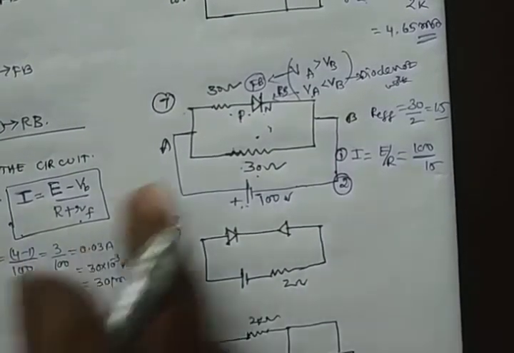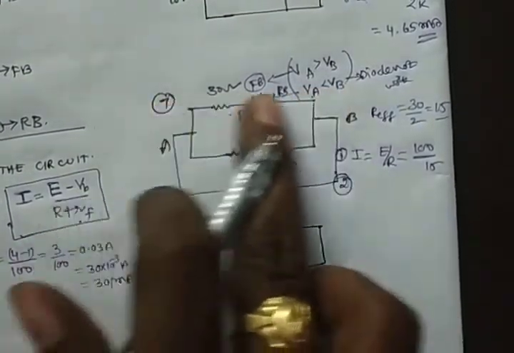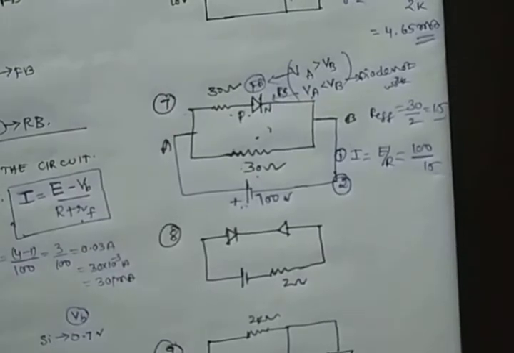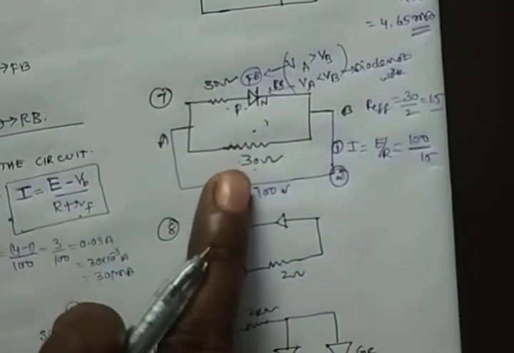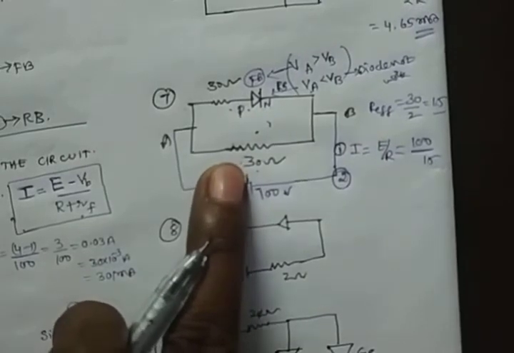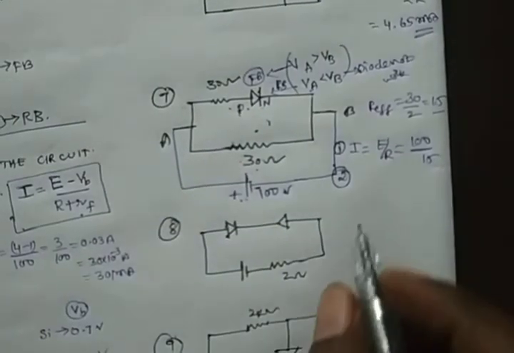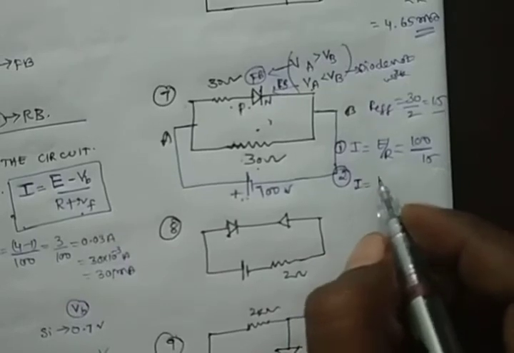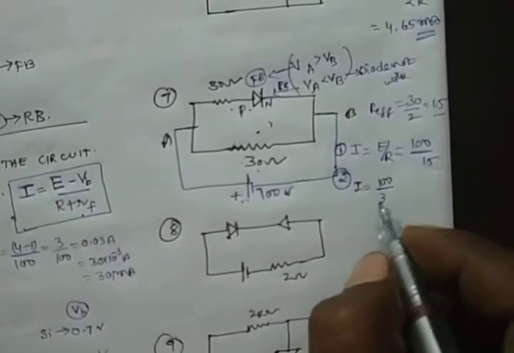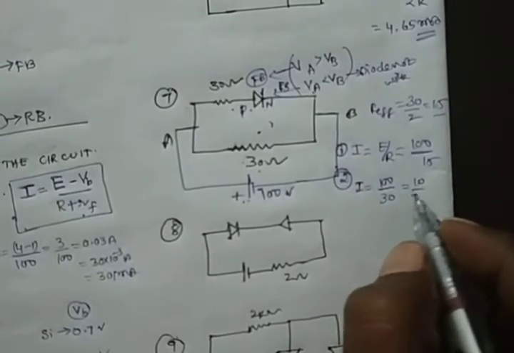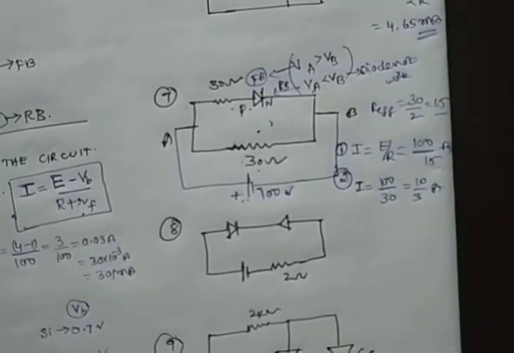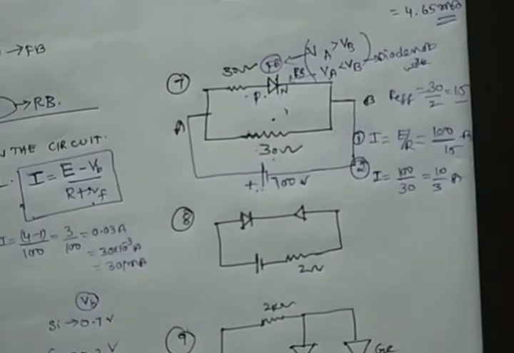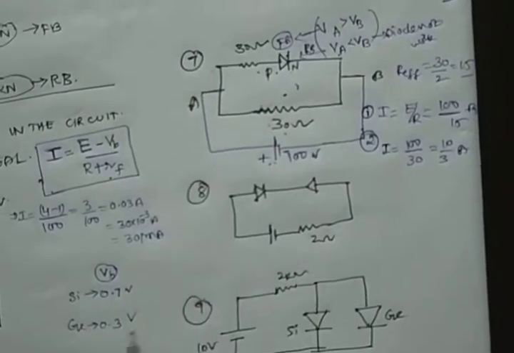And the diode not working means this line is not connected to the circuit. Only how much resistance is present? 30 ohms resistance is present. So you can write I is equal to 100 by 30, that is 10 by 3 amperes. Okay. That is about that problem.